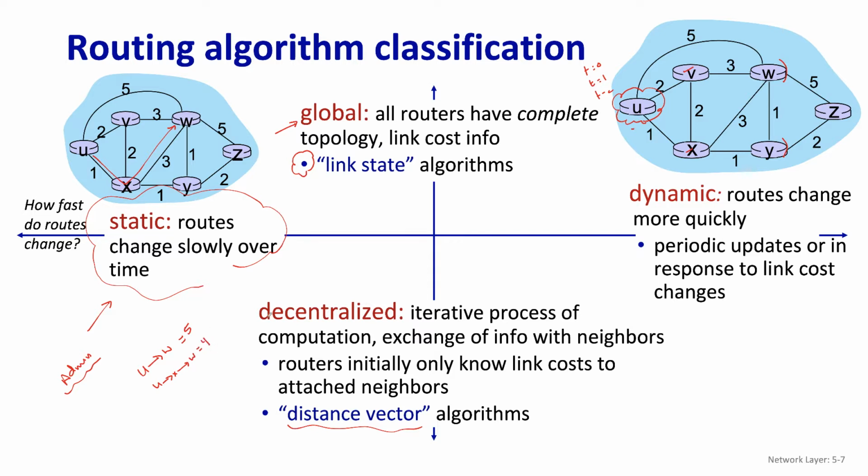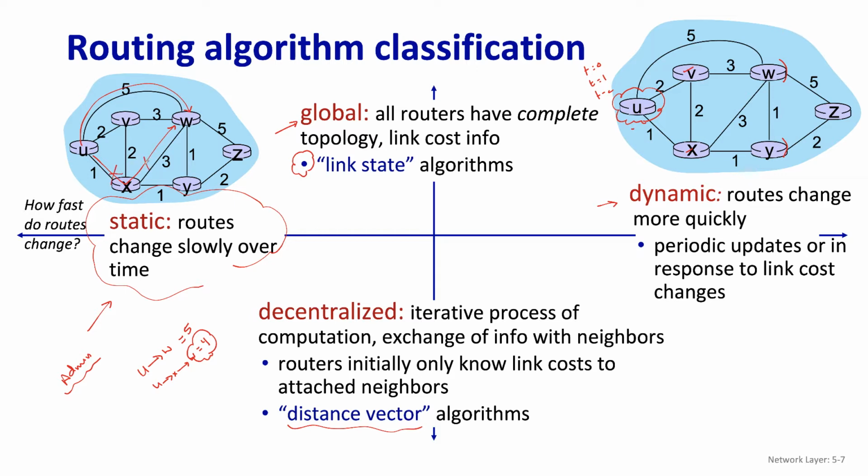So if you are using a dynamic algorithm, for sure this one is going to be picked because it's more efficient. But when you are using static, you would say, I don't care how efficient this route is. I just want anyone who wants to go to W from U to go with this path.